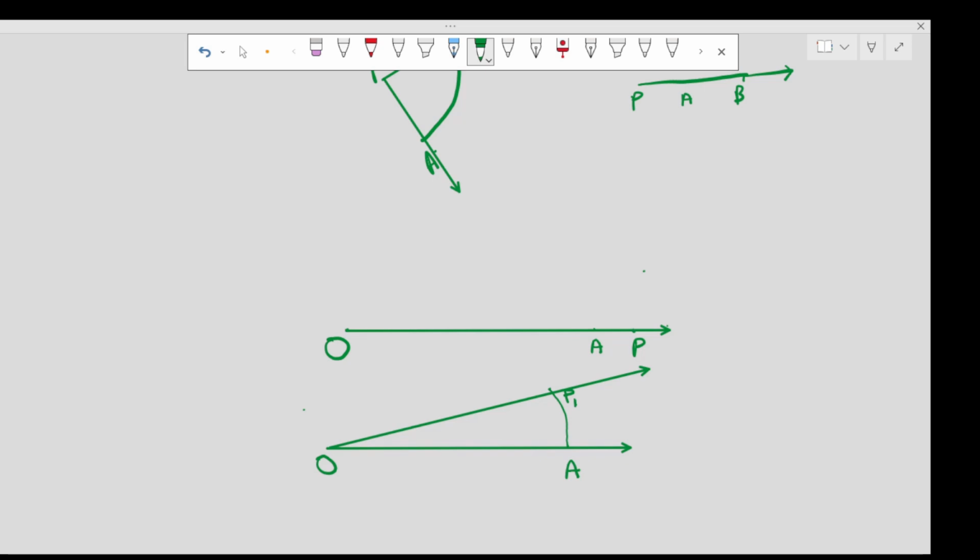Now another line is made after revolving to P or P1. First, this angle is P1OA; here is P2's position, and the angle is P2OA.